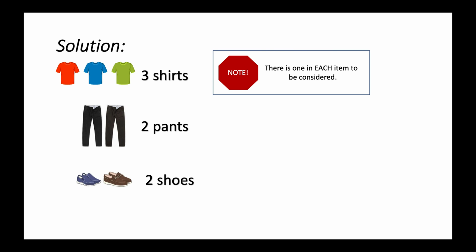So the answer must be 3 times 2 times 2, which is equal to 12. So there are 12 outfits or 12 ways wherein he could make a specific outfit from all the items that he had bought. You can list them if you want to check.